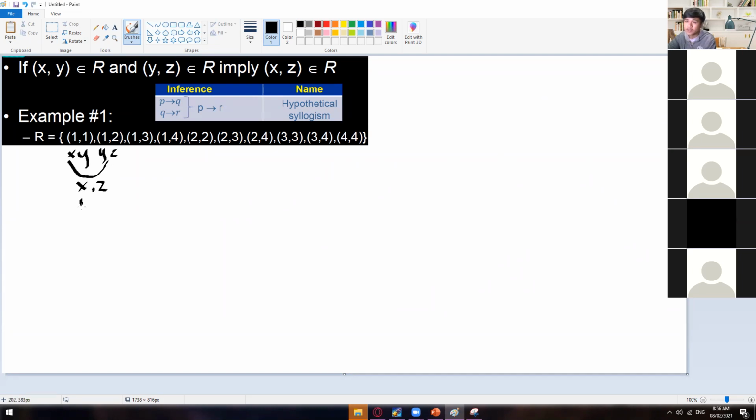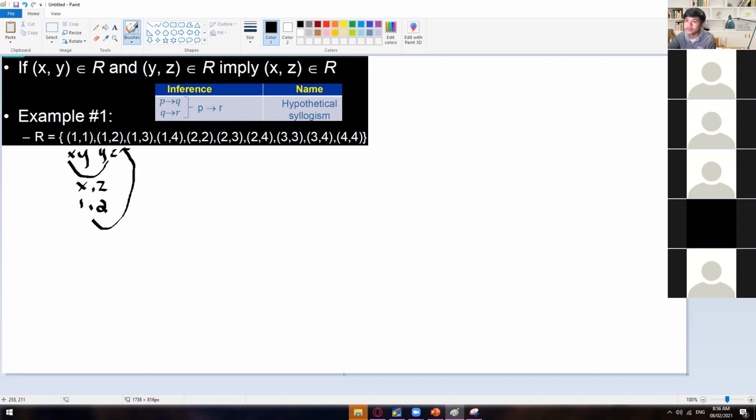This 1, 2 is the same as this one. Well, this is only a coincidence for this example. As you can see, we're good for this part. We could say that for 1, 1 and 1, 2, it's transitive. But how about the others? Let's check. We have 1, 3, 1, 4, 2, 2, 2, 3.